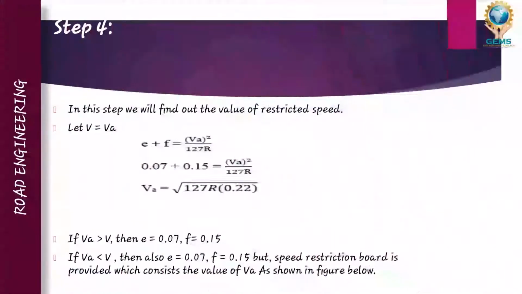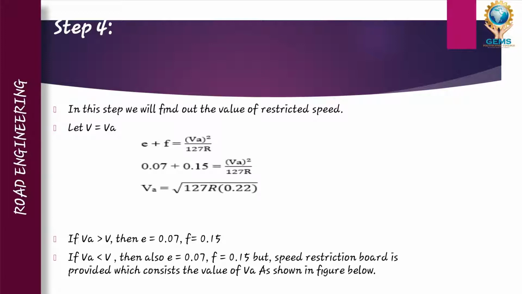In the last step, we have to find out the value of the restriction speed. Let V is equal to VA. You can see here E plus F is equal to VA square by 127 R, where our E value is 0.07 and F value is 0.15.